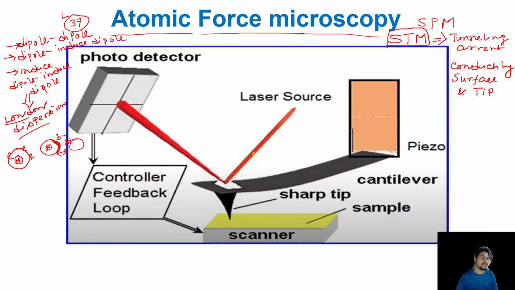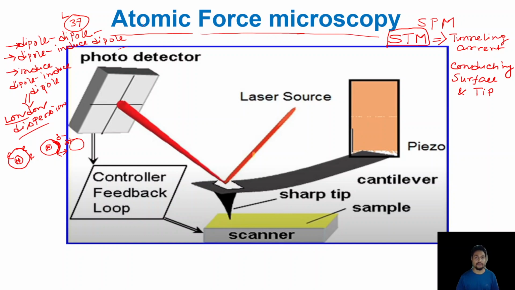And this induced dipole interaction is ubiquitous. It can be found everywhere. So this force is present everywhere. Every two atoms, every two molecules are going to interact in one of these three ways, or if they don't have the first two, then they will obviously have this kind of induced dipole interaction.